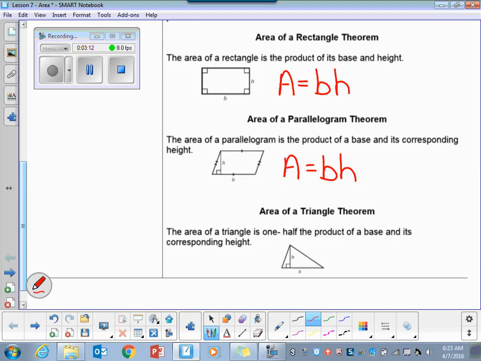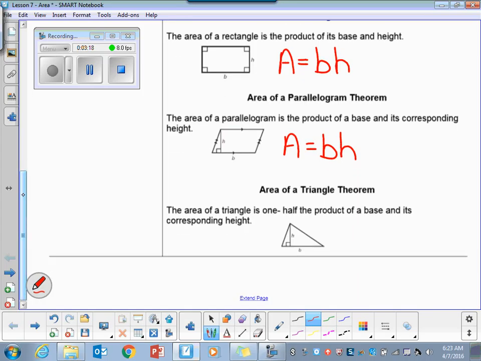This gives us the opportunity to pull in some beautiful information about right triangles when you have to solve problems on tests and quizzes. Area of a triangle, capital A again, equals 1/2 lowercase b, lowercase h. Again, the opportunity for some beautiful right triangle theorems come into play.